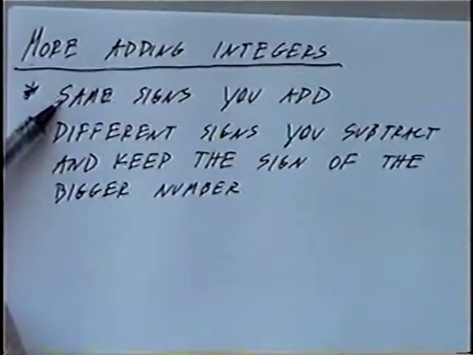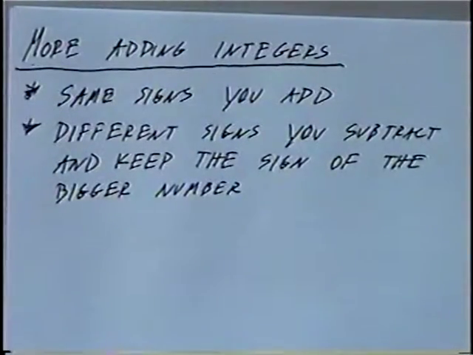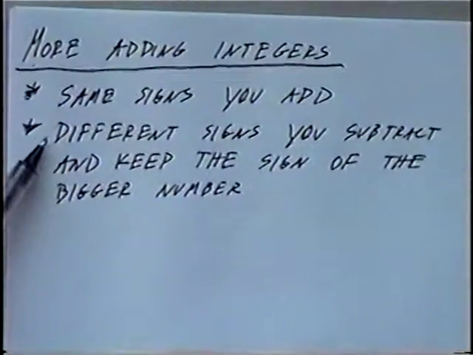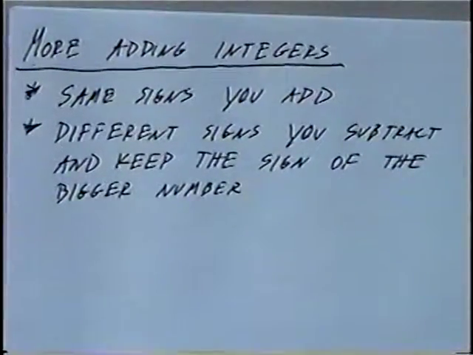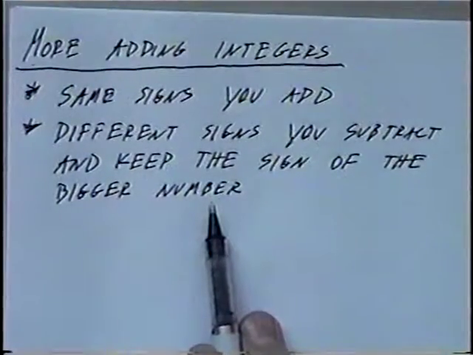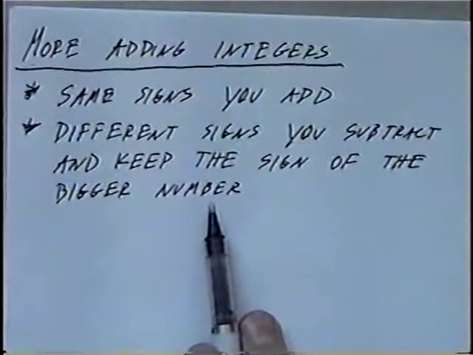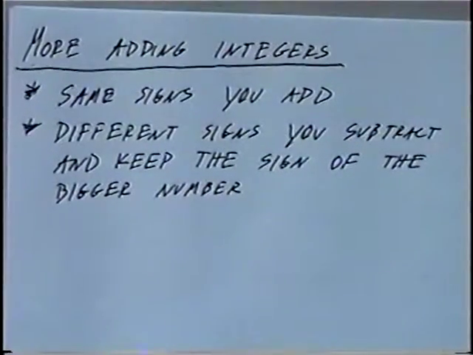If they're the same sign, they're both positive or both negative, we'll add those together. And if they're different signs, meaning one's positive and one's negative, we'll subtract the 2 numbers. That's kind of like canceling out the 0 pairs. And we'll look at the bigger number, but we'll ignore the sign, positive or negative, in front of it. Just look at the number itself, and the bigger number will tell you if it's positive or negative.